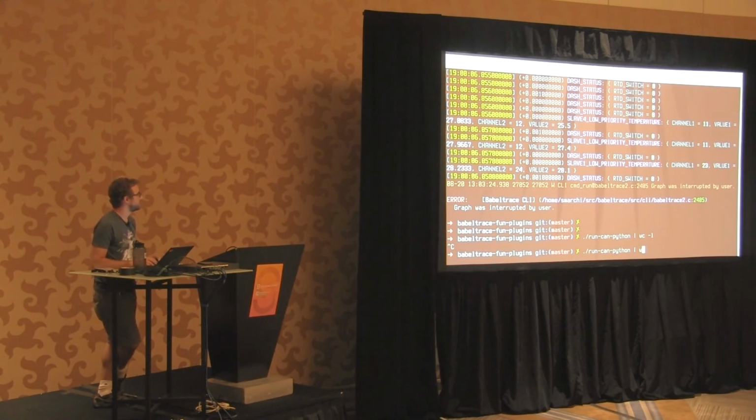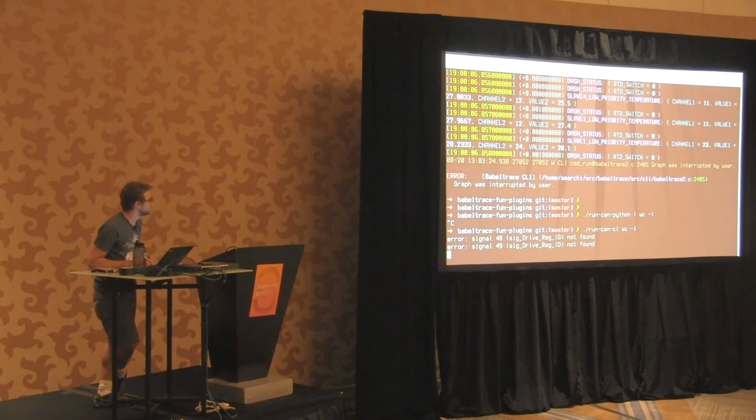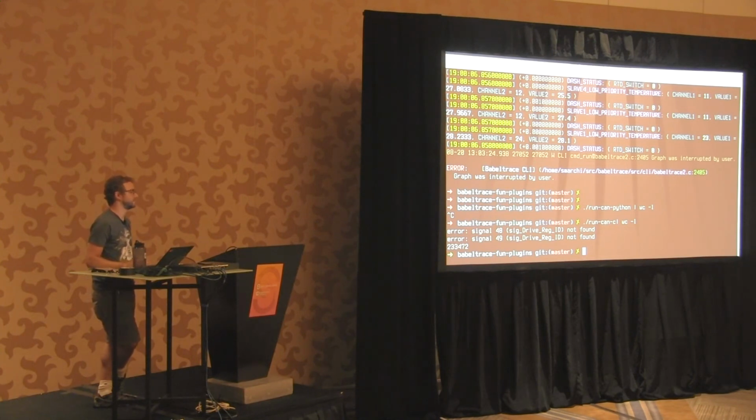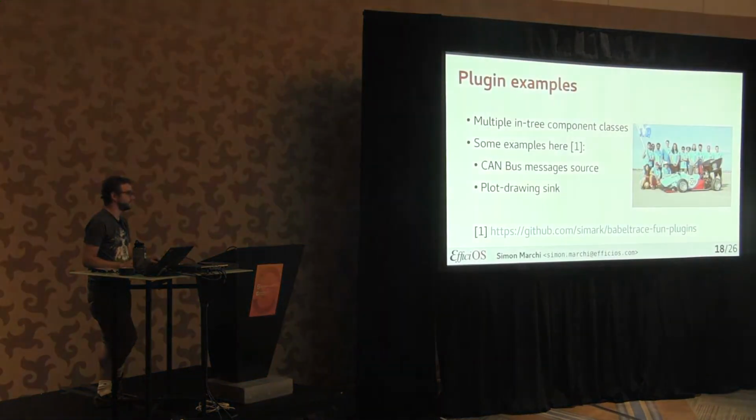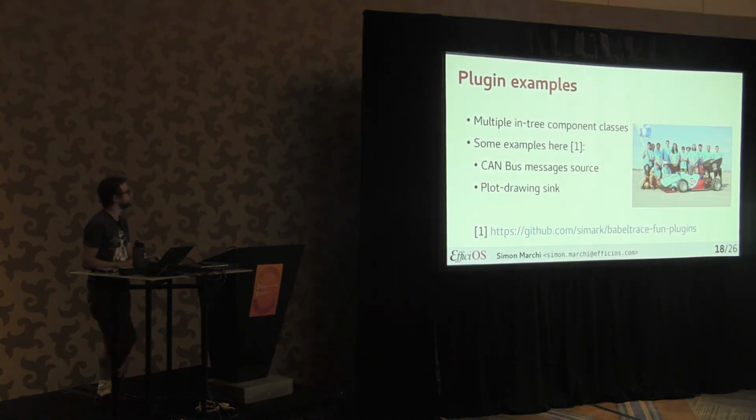So I rewrote it using the C API. It was a bit harder, but the performance improvement is well worth it: it's under 1 second. That shows that Python is really good for prototyping your components and trying new things, but once it works and you want more performance, you can rewrite it.